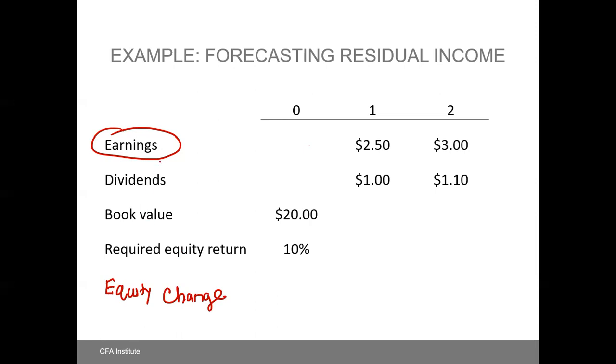And earnings of which period, equity charge of which period? This period. Not the earlier period, but those period numbers are necessary for forecasting the numbers for this later period.